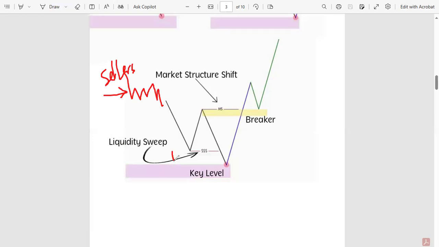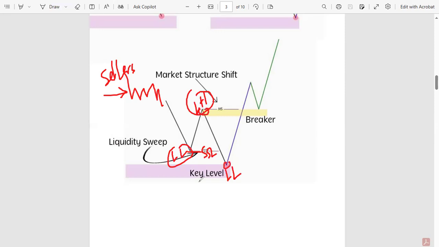This is the lower low and this is the lower high, and again we formed this lower low. But then what happened? We expected price to keep on respecting these lower highs and keep on breaking these lower lows. But price ended up creating this sell side liquidity here, and after that you can see price didn't respect this lower high.